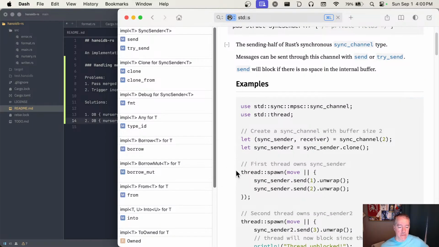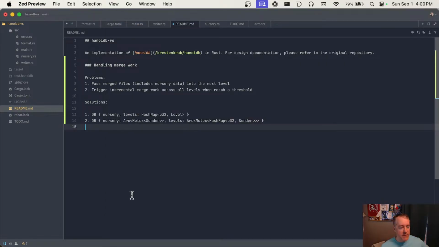There's a question about when do we spawn threads, because obviously when we need to create one, we'll be spawning a thread that owns the receiver, and maybe this is a sync sender here. So it could look something like this. Maybe we start with the single threaded version, and then if we need to do the multi-threaded version, then we will go there.